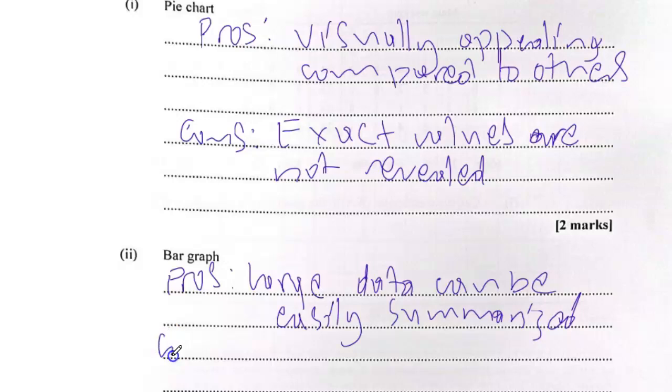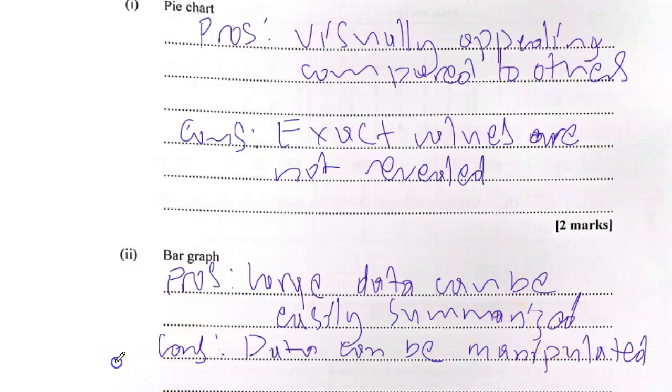A disadvantage is that data can be manipulated to give a false impression, and this can be done by using some ridiculous scales to show a wide gap between the different categories.